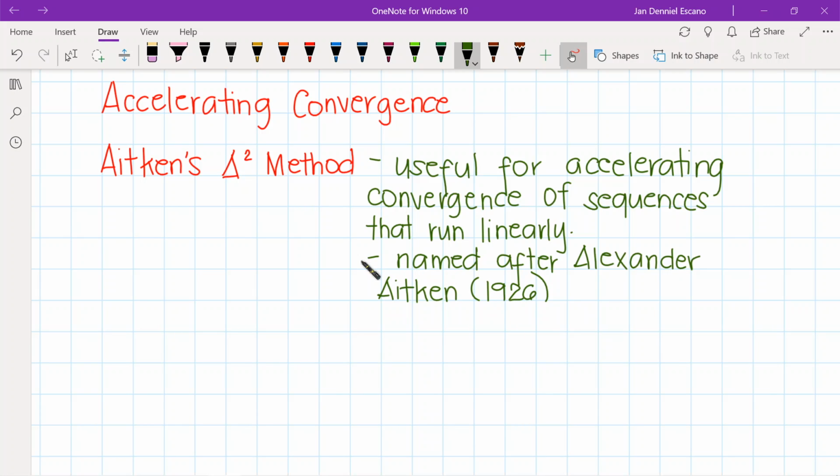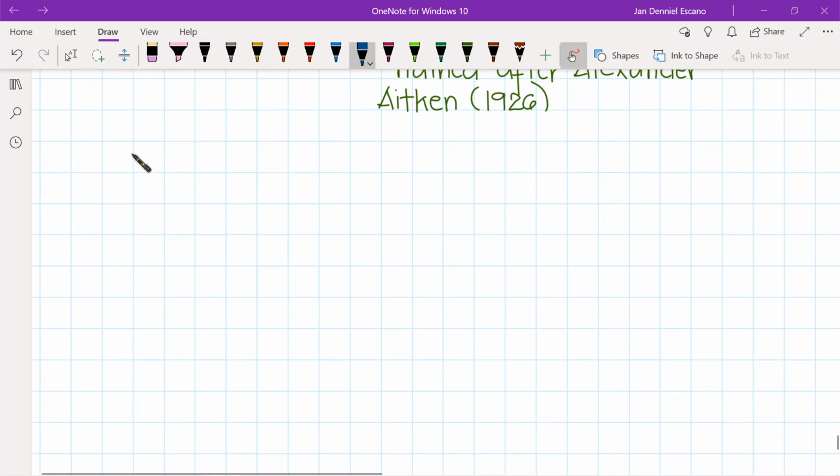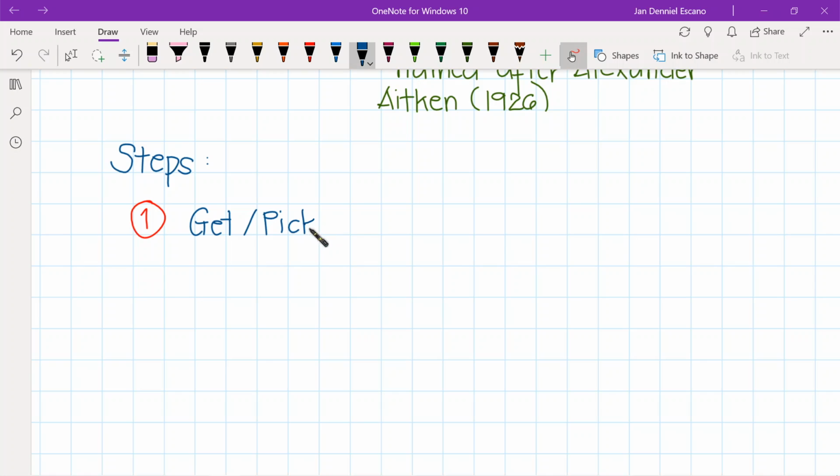So the steps in solving for the Aitken's delta square method are as follows. The first step is we pick a value of x sub 0, wherein x sub 0 is within the interval of the roots of the equation.